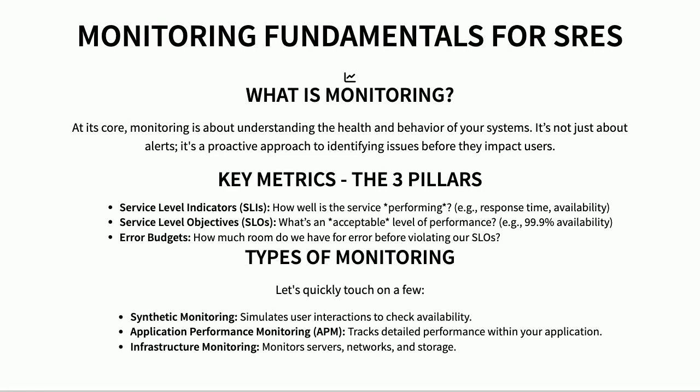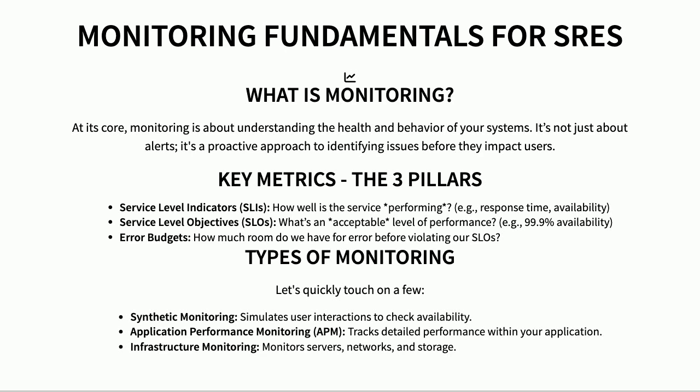Okay, so when we're talking about site reliability engineering, a really important first step is understanding monitoring. It's the foundation for everything else. Basically, monitoring is all about keeping an eye on our systems to see how they're doing. We look at key metrics like service level indicators, which tell us how well a service is performing, things like response time or uptime.